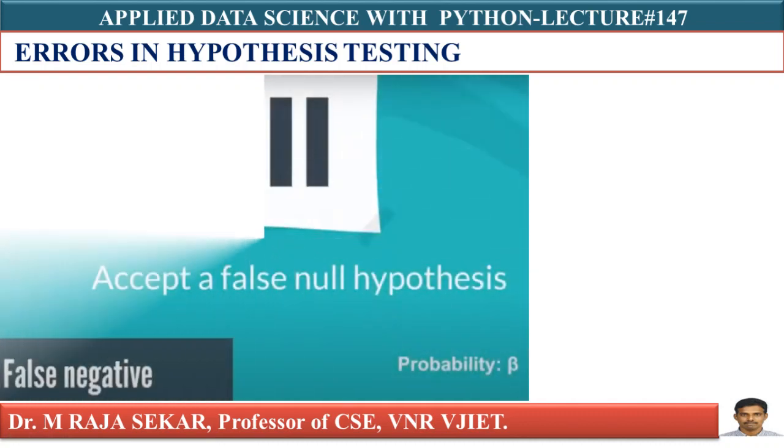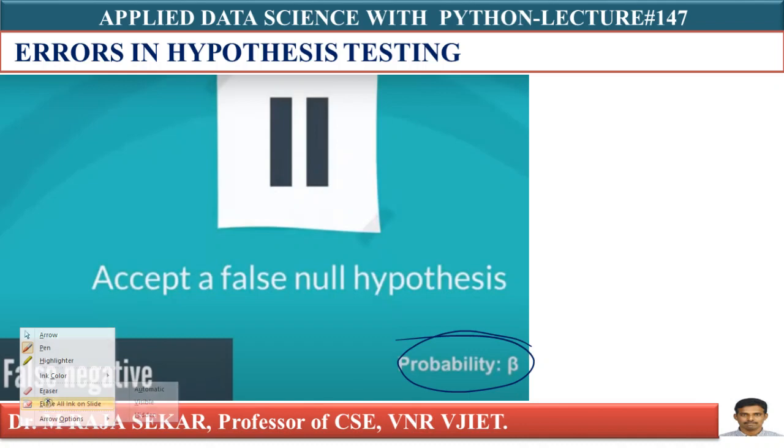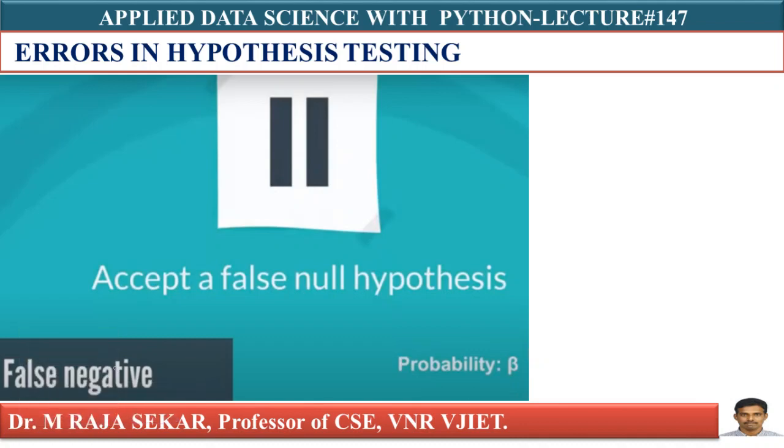The probability of making this error is denoted by beta. What is this beta? The probability of making type 2 error is denoted by the letter beta.